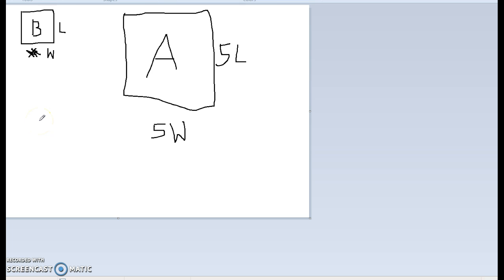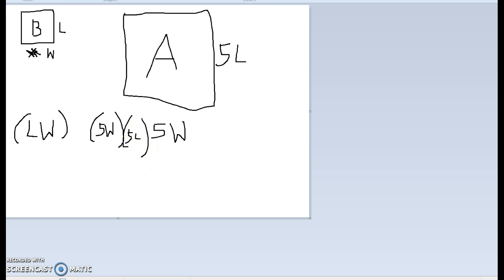All right, if we compare these two, we have length times width, which will give us a specific number. But over here, if we take these two and we multiply them out, what we end up with is 5 times the width times 5 times the length.